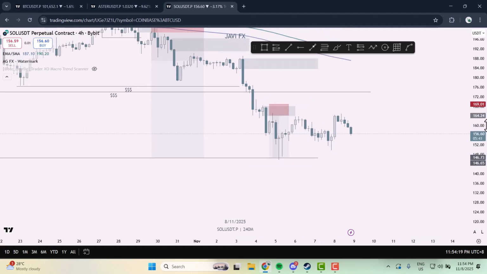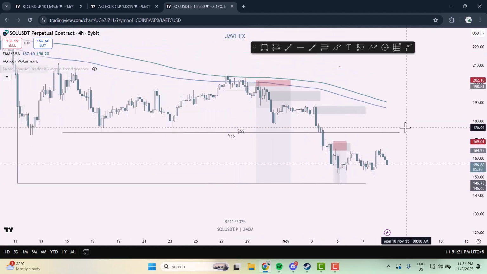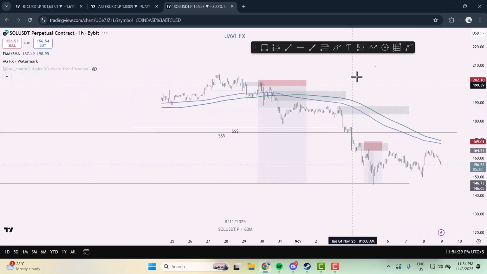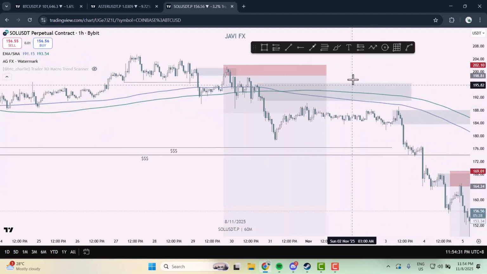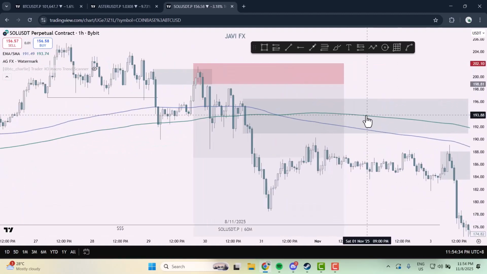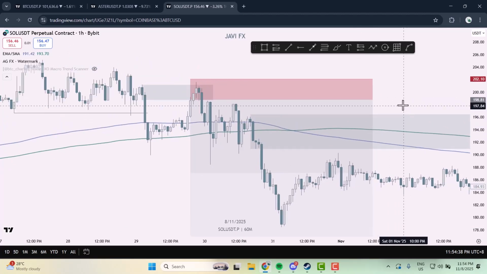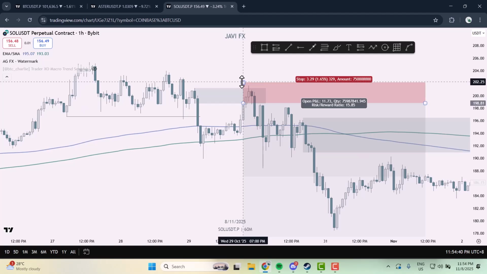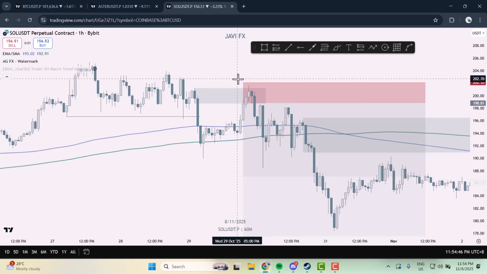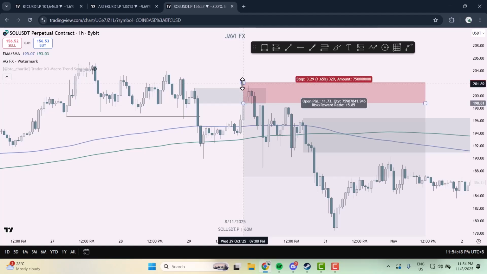So here's an example of you can be right direction wise, but then execution is a different beast. Or let's make it even worse. This is why I make stop losses a bit wider, gives you leeway. Because guess what? If you're a greedy bastard and you wanted the max risk to reward possible, well, the market finds its way to humble you.